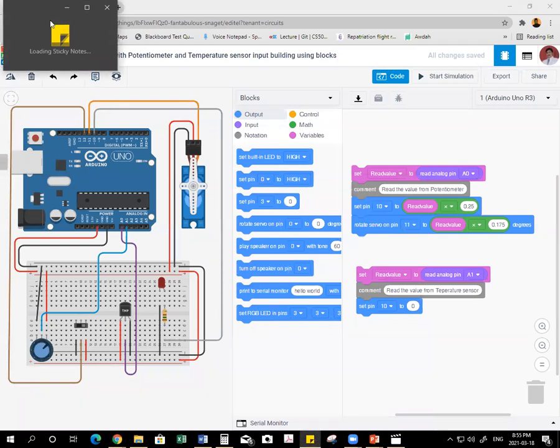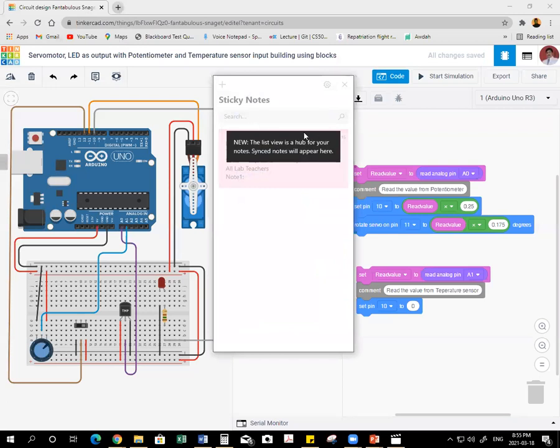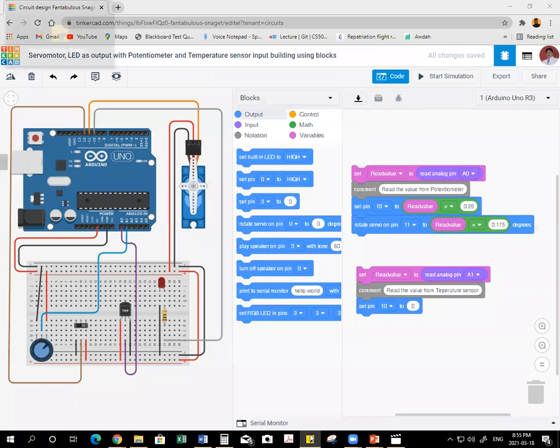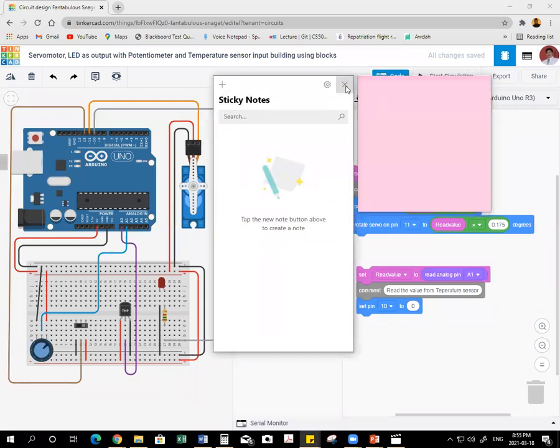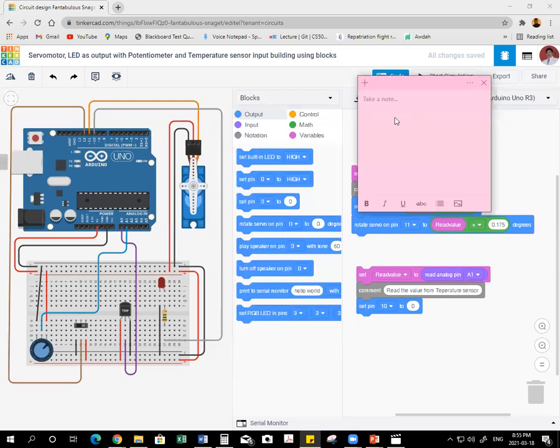The potentiometer will give the range between 0 to 1023.